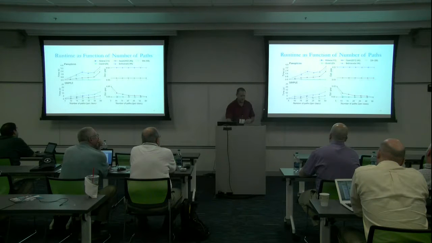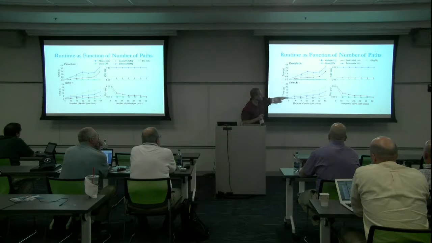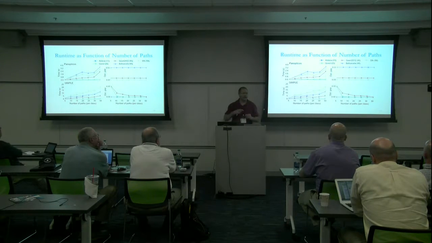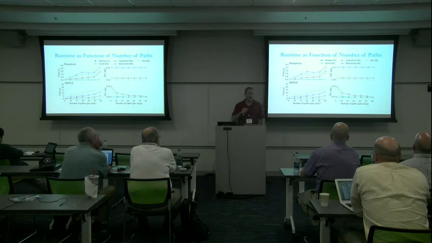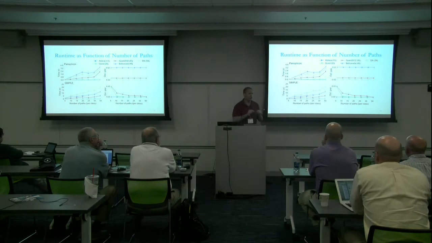This is a different view of the same kind of results, which is now carved in a different way. What you see here are four graphs. The top two are for Panopticon, the bottom two are for Simple. Now the network topology is indicated by the color of the line. And basically the x-axis represents the number of paths that you downsample to for each traffic class.